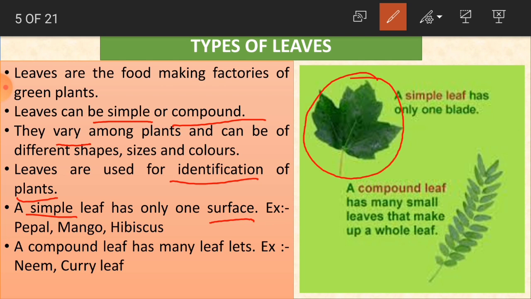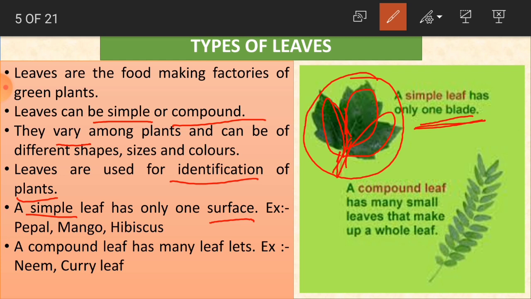If you see here, children, you might think we have 3 different leaves, this part is one leaf and this part is one leaf. But all this comes under one leaf only. So this type of leaf has only one blade, and it is called a simple leaf.